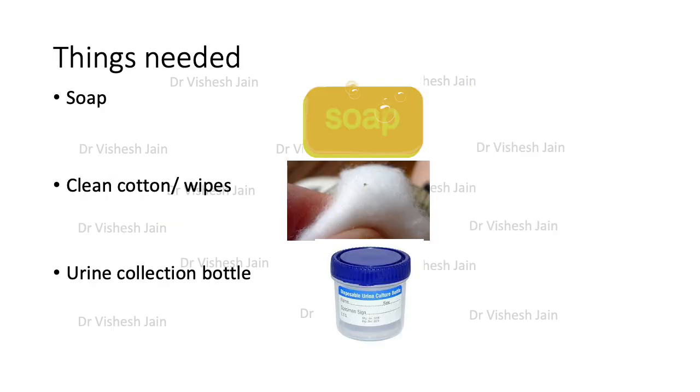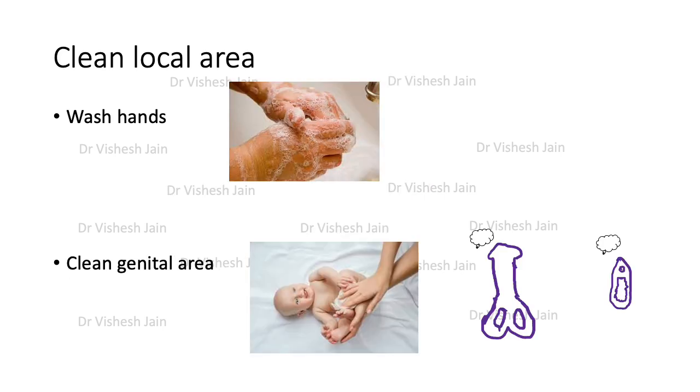For proper collection of the urine sample, it is important that we keep a few things handy, like soap, clean cotton wool pieces or wipes, and definitely a urine collection bottle. Before collecting the urine sample, the caregiver should wash their hands thoroughly using soap and water.